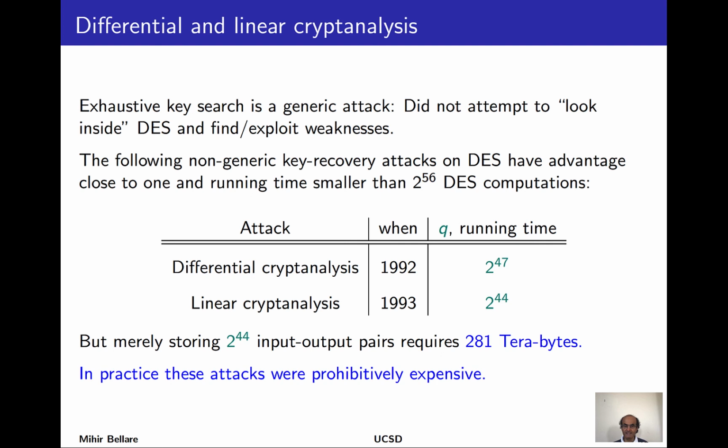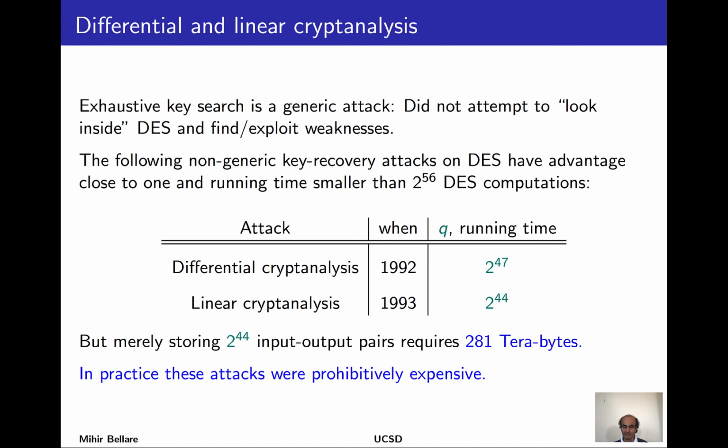First of all, given the computing possibilities of the 90s, it would take over 200 terabytes to just store all that information. That doesn't sound like a lot now, but it was back then. Secondly, you would have to be in a position where the real user was actually encrypting this huge amount of data under the target key.